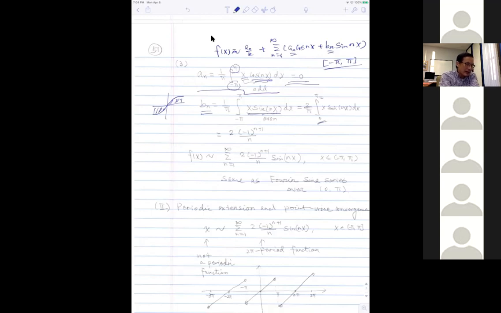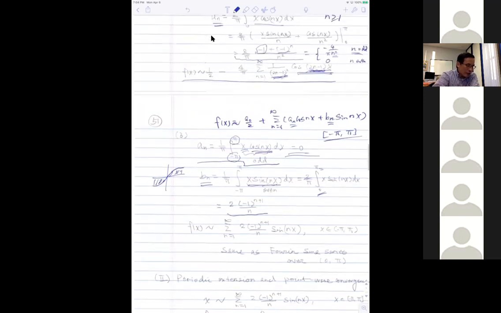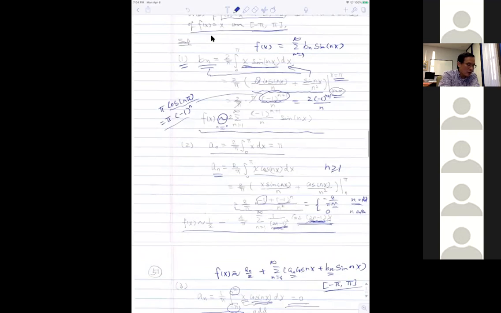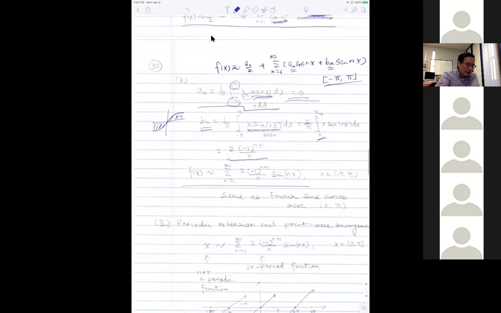And so therefore, we have this equals to, you can do the computation as what we did before, and you get this. Now, if you compare what we do here, this formula and the Fourier sine formula is exactly the same formula. So those two are exactly the same formula.